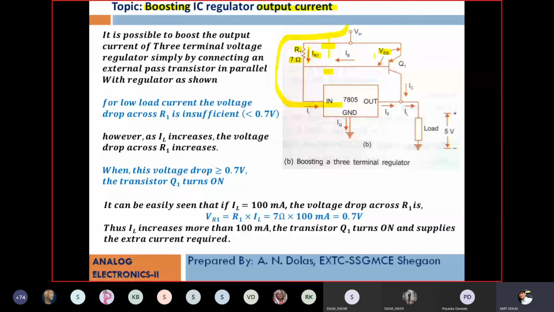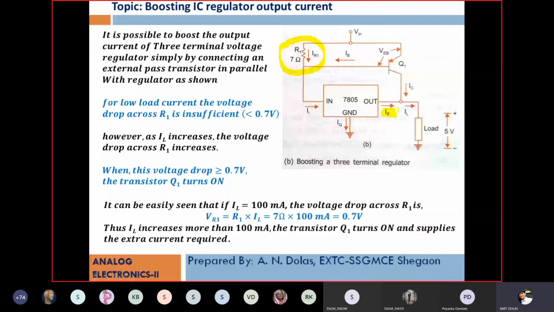So negative base and positive emitter will forward bias this transistor and will pass additional current from the transistor to the load. You can see one current is coming from the IC and another current is coming from the transistor. So load current is the addition of collector current and the output current of the IC. Until and unless the voltage drop across this 7 ohm resistance R1 is less than 0.7, the transistor will not be in the on state and the complete current will be supplied by the IC itself, not by the transistor.